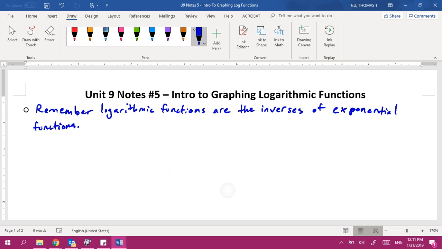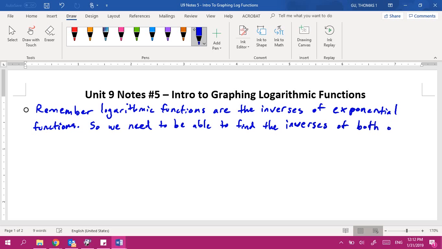We need to be able to find the inverses of both of these functions in order to graph.